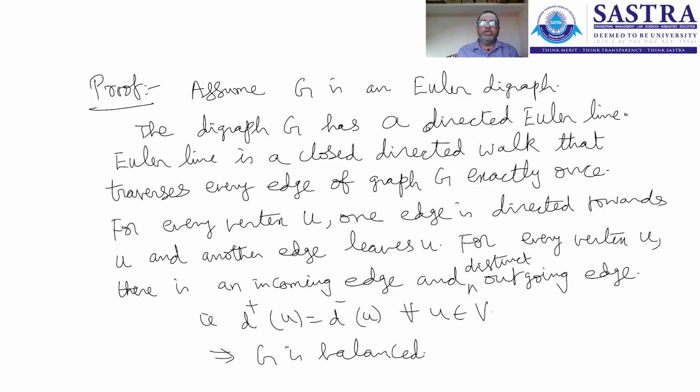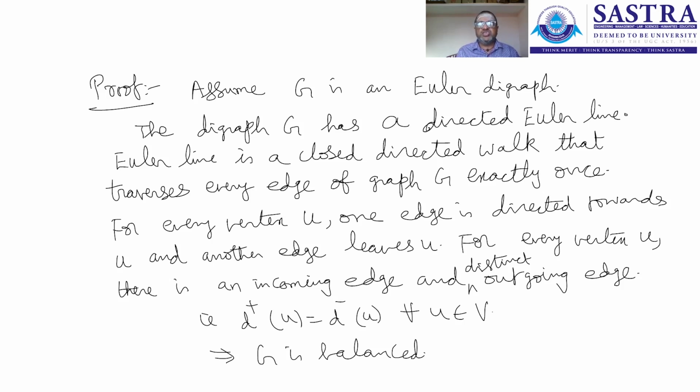I have to prove the balancedness of the graph. For that, I take G as a directed Euler line. A directed Euler line is a directed walk which is closed and travels through all the edges exactly once. When I fix a vertex, I will have one edge coming towards that vertex u and another edge leaving the vertex u.